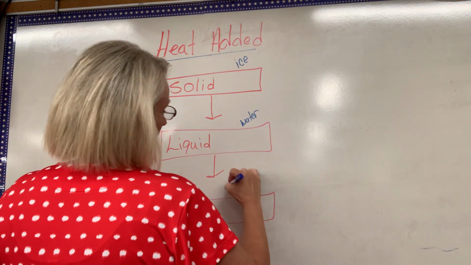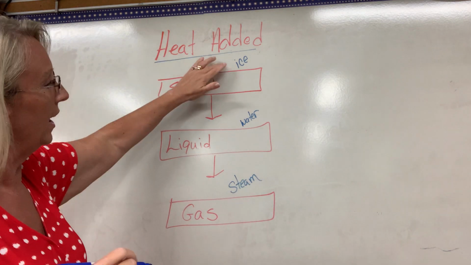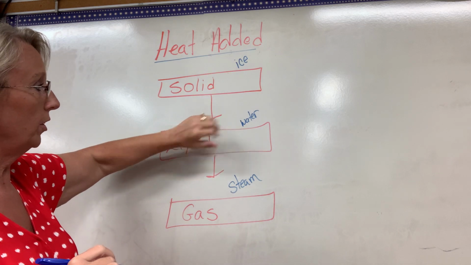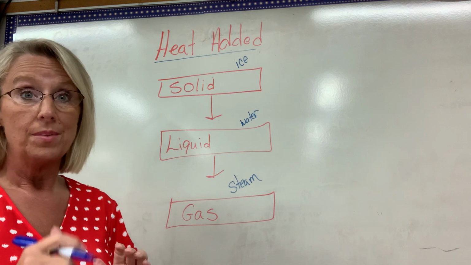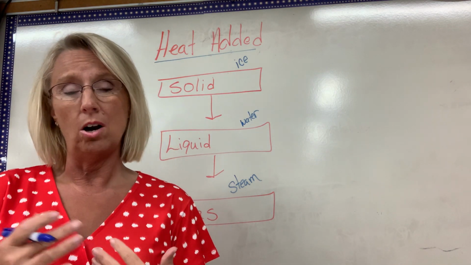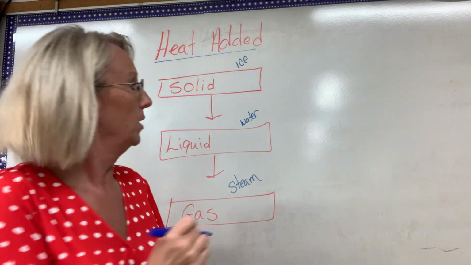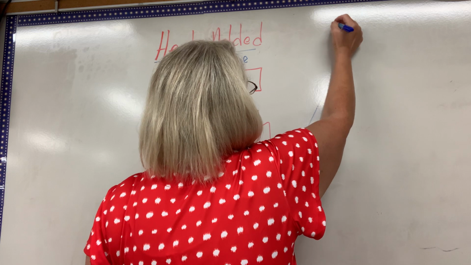Steam is a gas. So we've got ice. Ice turns into water. Water turns into steam. Now, these are two flow charts, and they are what I like to call a reverse flow chart.